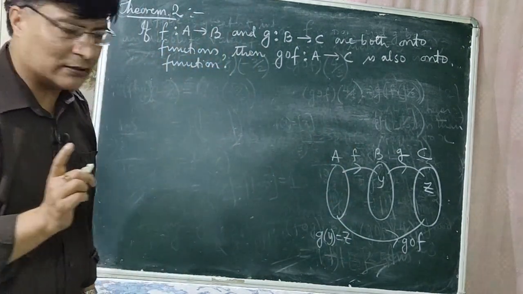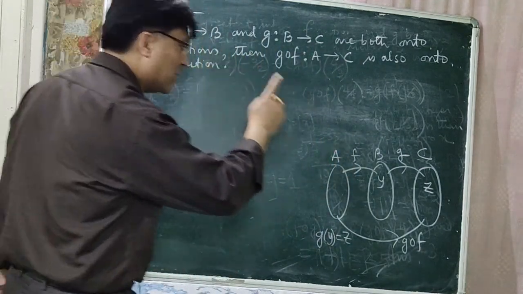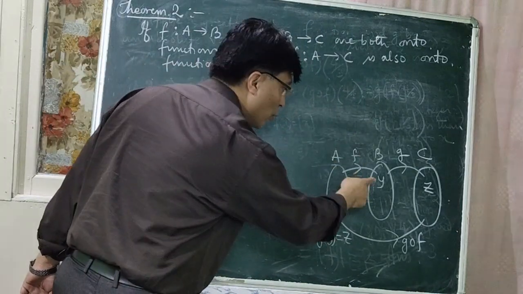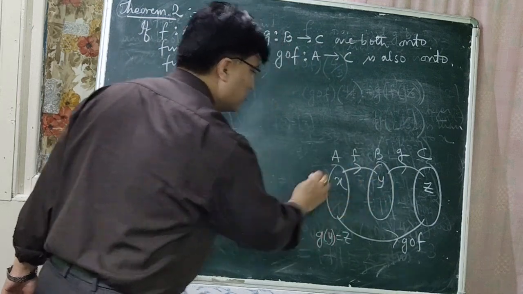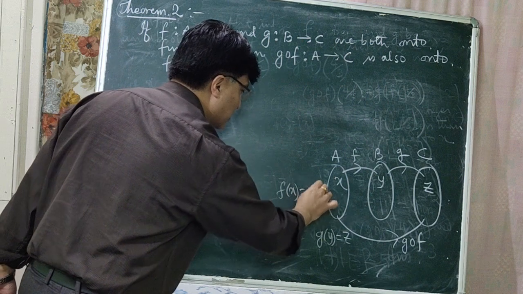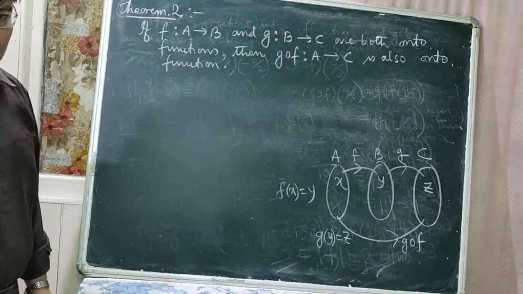Is that clear? Again, since f is an onto function, if y belongs to the set B, then there exists x belongs to the set A such that f of x is equal to y, because in this case f is also an onto function.